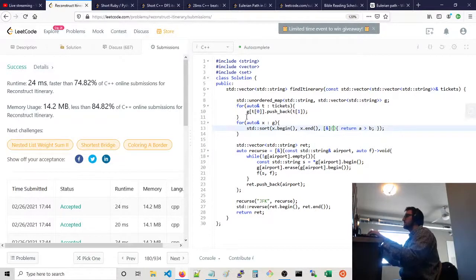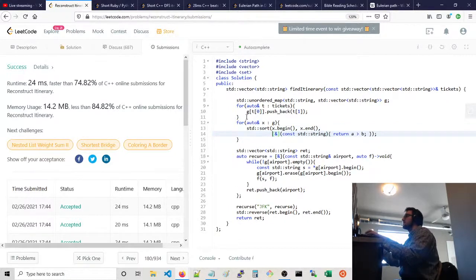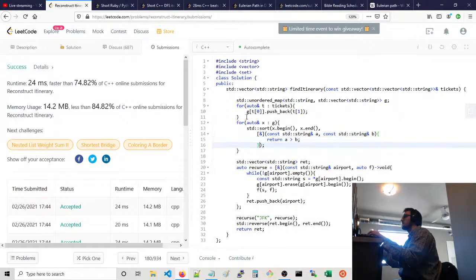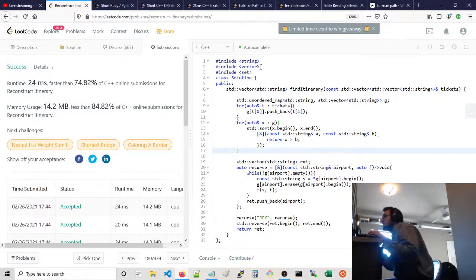We want to use const string a, const string b. Then we sort backwards, right, using this lambda function.